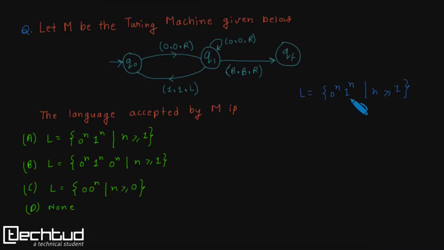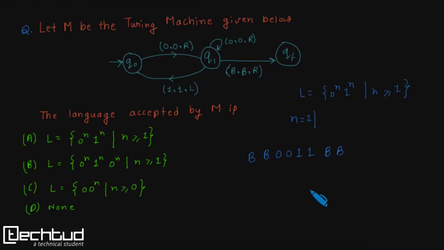Let me take a simple string and check whether that string will be accepted by this machine or not. The value of n should be greater than or equal to 1, so I am taking n as 2. Our string will be 0, 0, 1, 1, and the rest of the entries will be blanks.